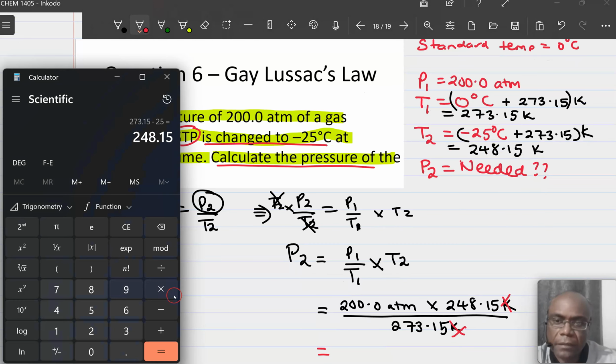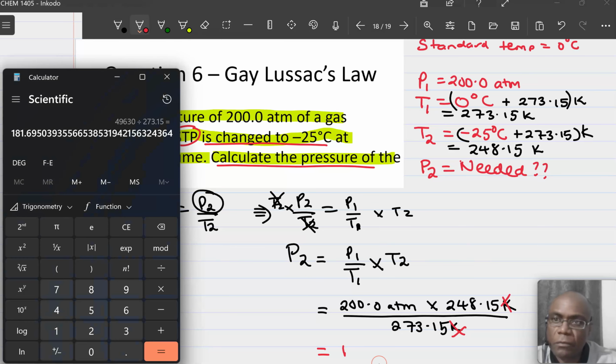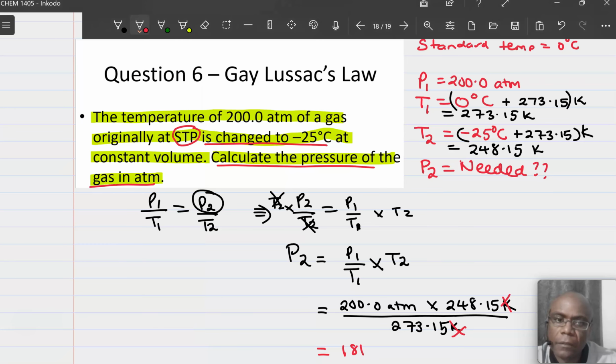Let's see what we'll get. The answer I'm getting is 181.695 atms. So this is going to be reported to 182 atms.